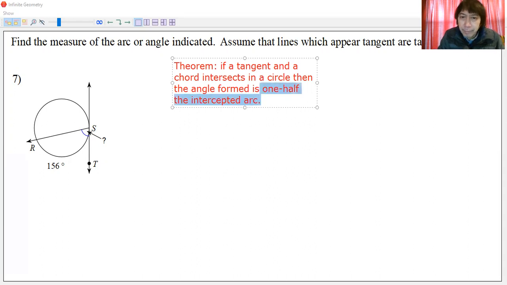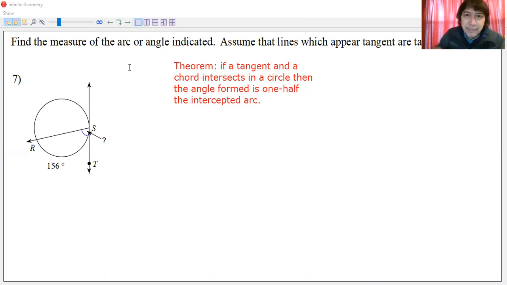Then we can put this on the clipboard. If a tangent and a chord intersects in a circle, then the angle formed is 1/2 the intercepted arc. Okay. All right.